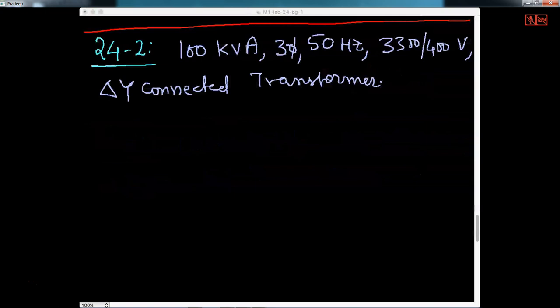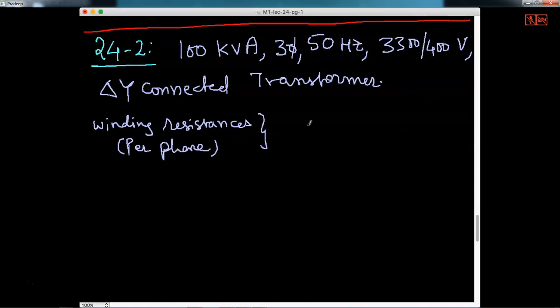So what are the winding resistances? The resistance of the HV winding R1 is 3.5 ohms per phase, and that of the LV winding is 0.02 ohms per phase.